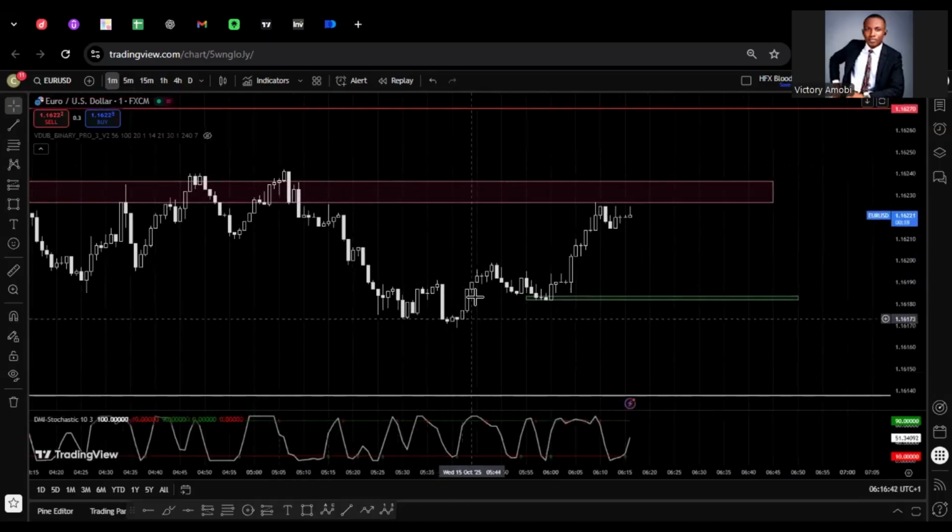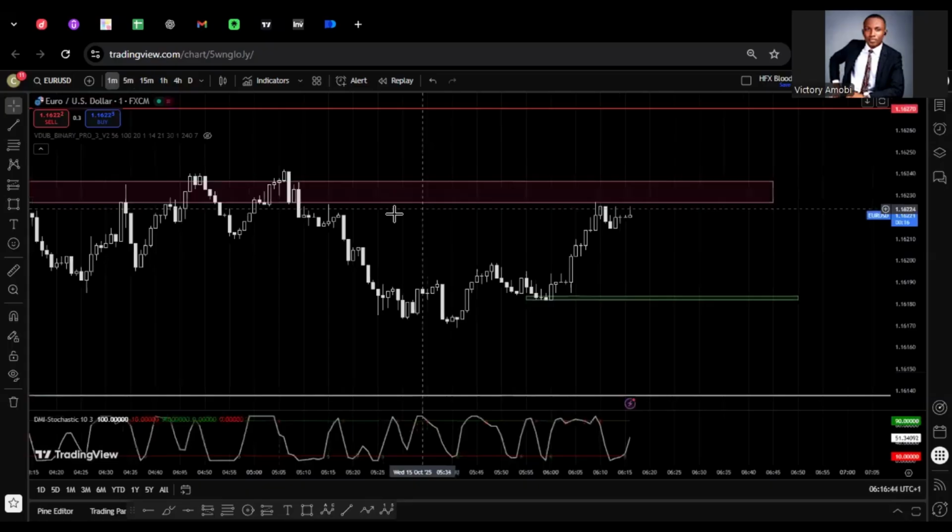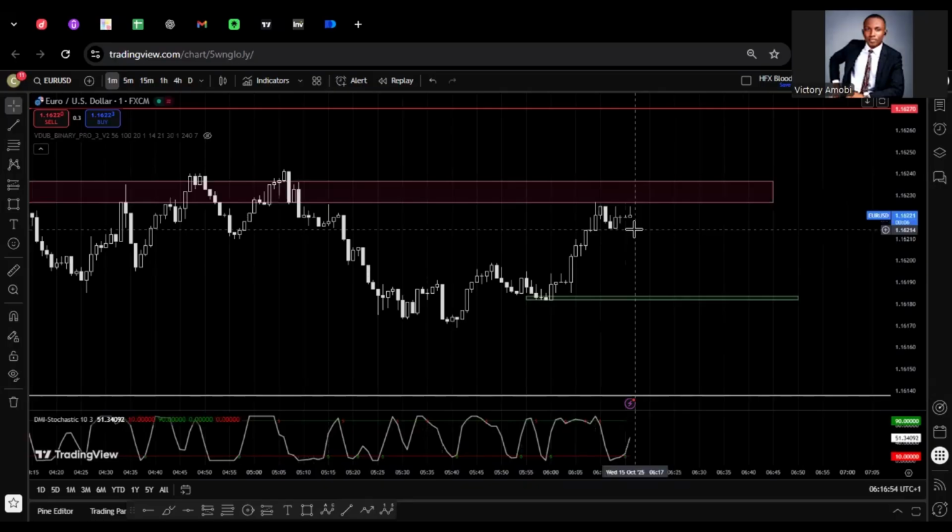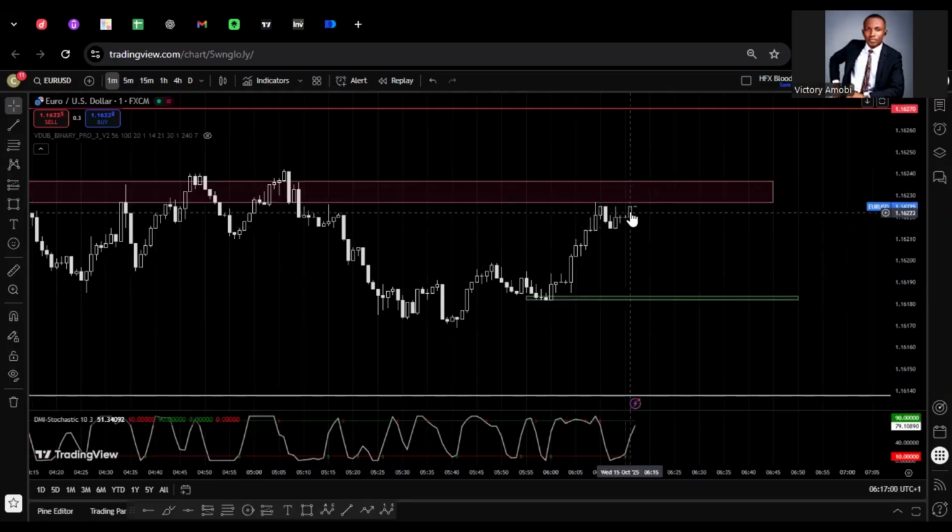High, low. This, in fact, if I'm to ignore this, is another area of pure resistance. So if I'm to take this trade on the 1 minute time frame, I would want a confirmation. I would want to aggressively go in.